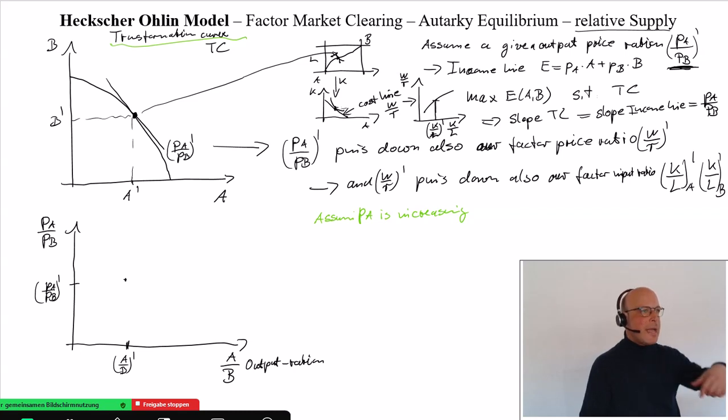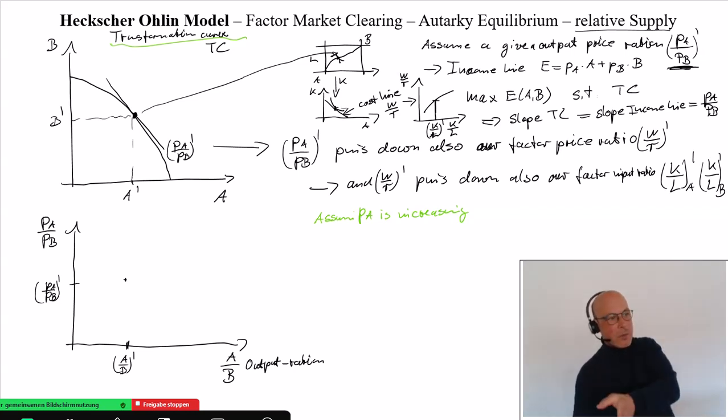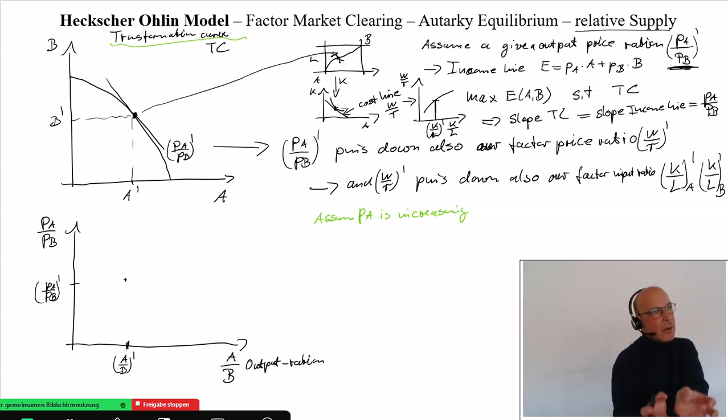So A enters the slope, will the slope be larger or smaller, so will our income line be flatter or steeper? Steeper if A is increasing. So since I know that I have this concave transformation curve, this means that our now optimal point has also to move downward right on our transformation curve.